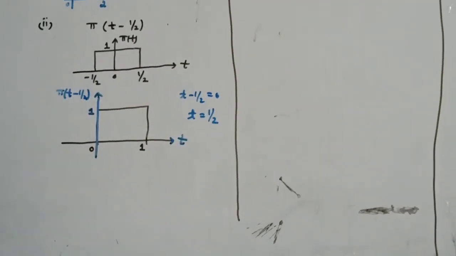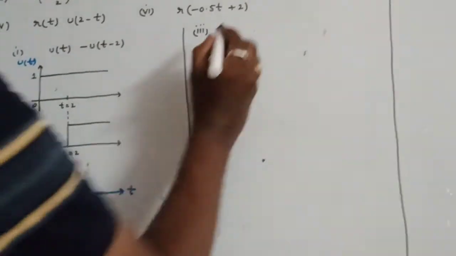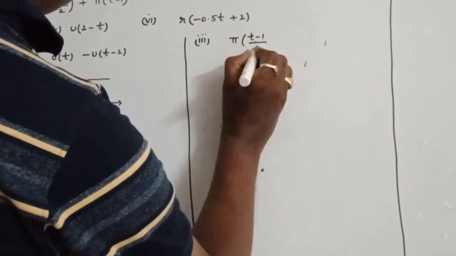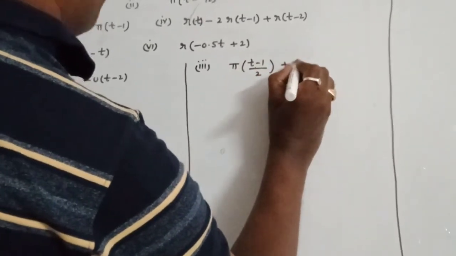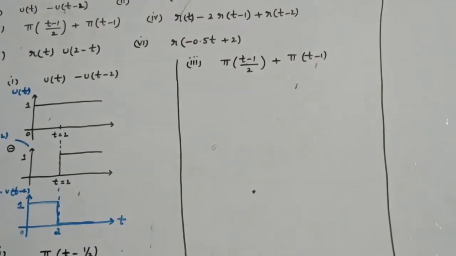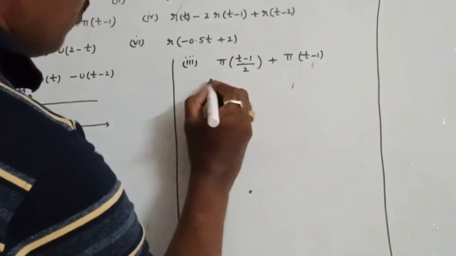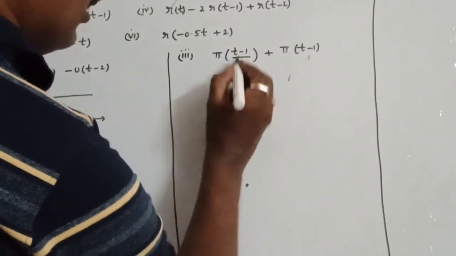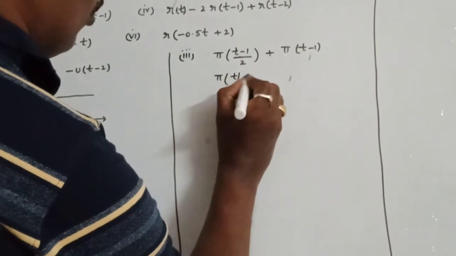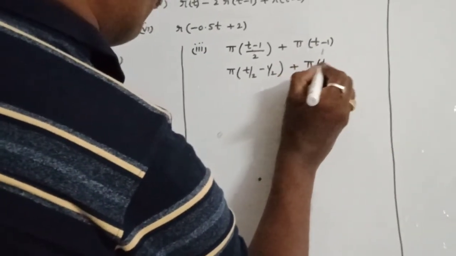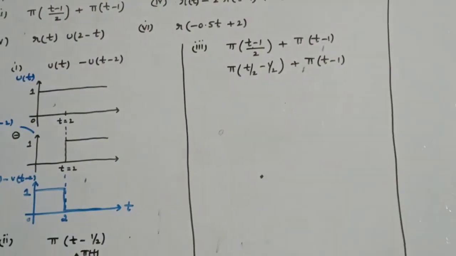Now let us see the third question. What is the third question? Pi of t minus 1 by 2 plus pi of t minus 1. We have to add two rectangular signals carefully. For this purpose, first separate the terms: pi of t minus 1 by 2, plus pi of t minus 1.